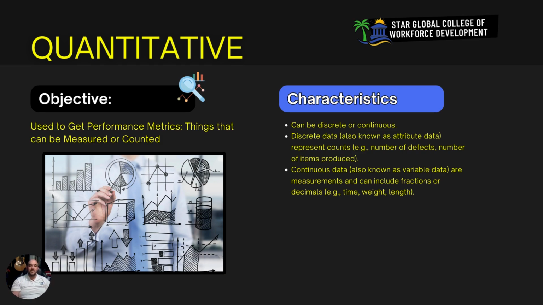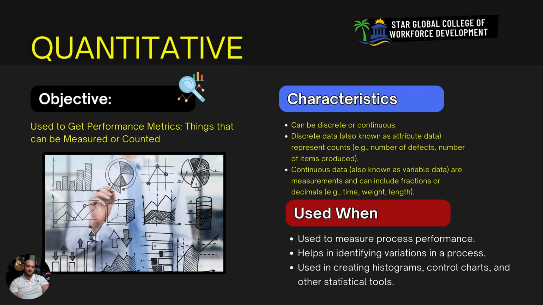Continuous data, also known as variable data, is measurements that can include fractional decimals such as time, weight, length. Now, for this course, just reference them as qualitative and quantitative. I don't think the statistical aspect of this should be super difficult for you because these are just basic arithmetic. And we'll go over some practice measurements later.